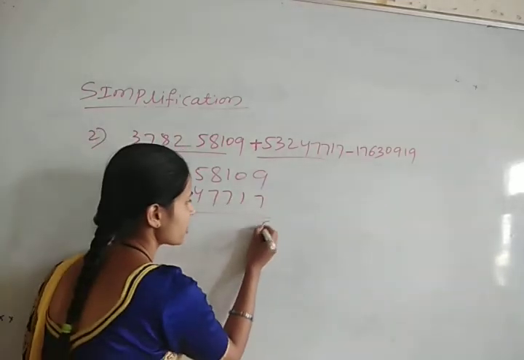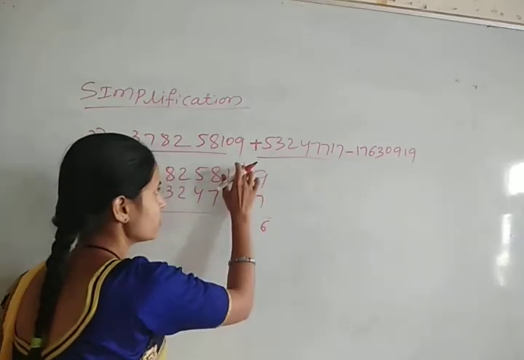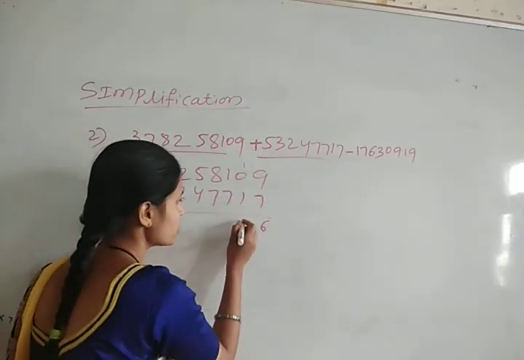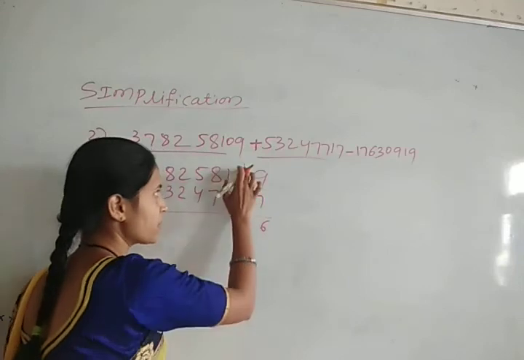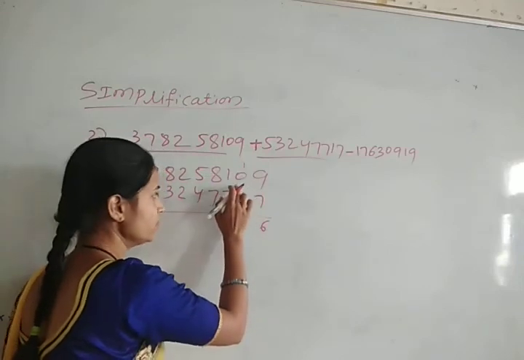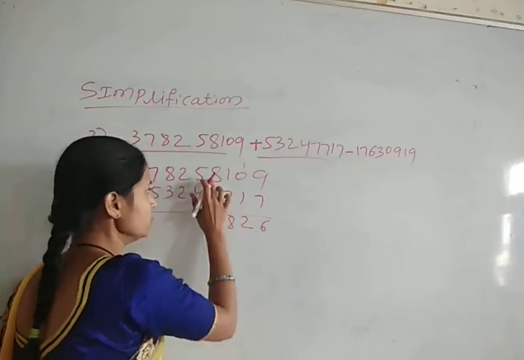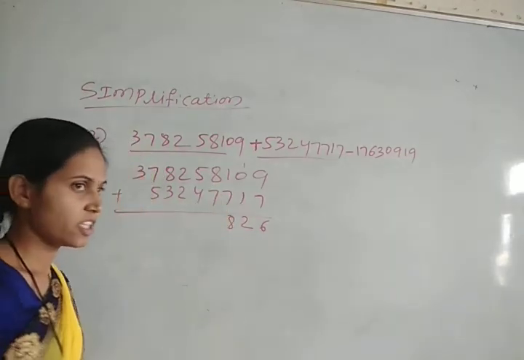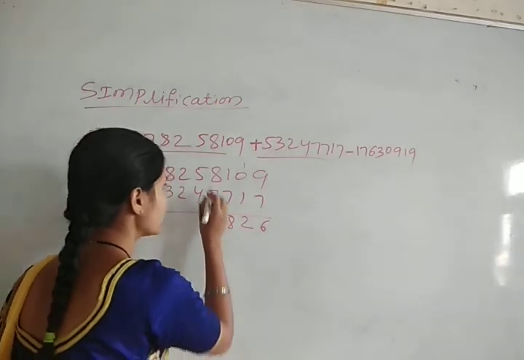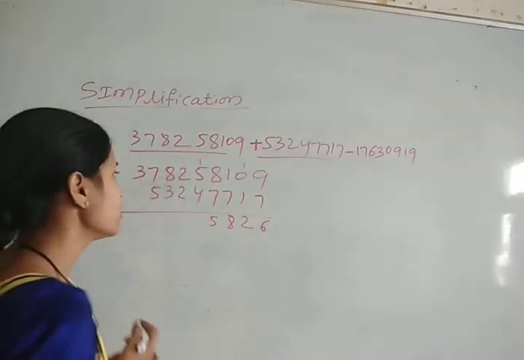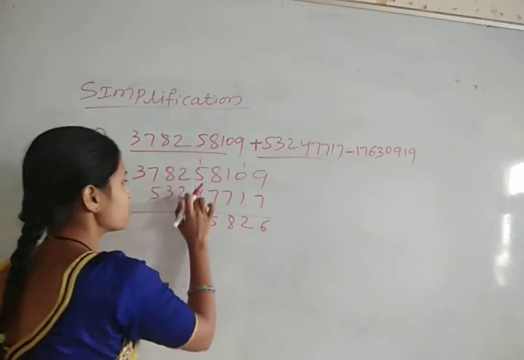Becomes 16. I will write here 6. Take 1 as a carry. 1 plus 0 is 0. 0 plus 1 is 1 plus 0 is 1. 1 plus 1 is 2. Now 7 plus 1 is 8. 8 plus 7 is how much? 8 plus 7 becomes 15. You please calculate in your notes. Okay. Now 5 plus 1 is 6.